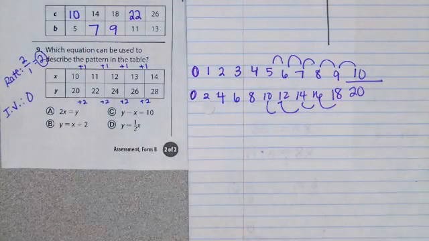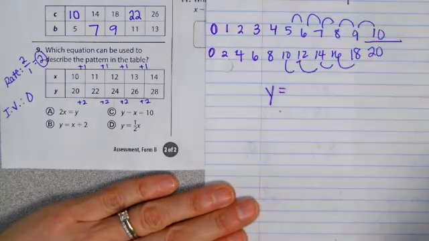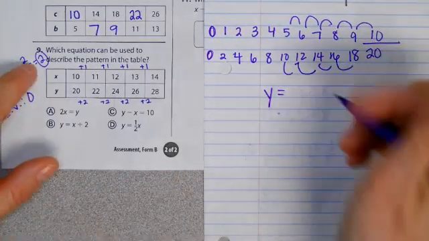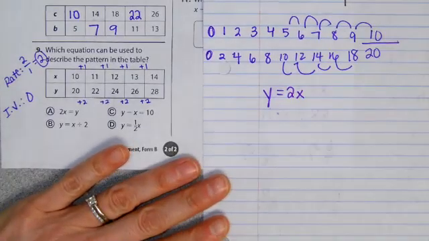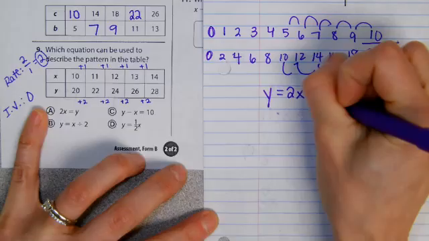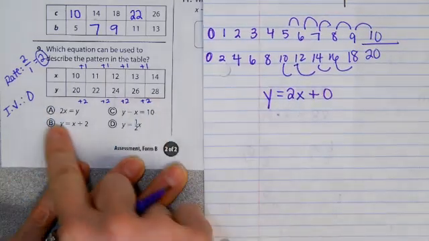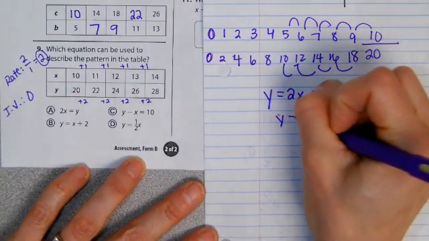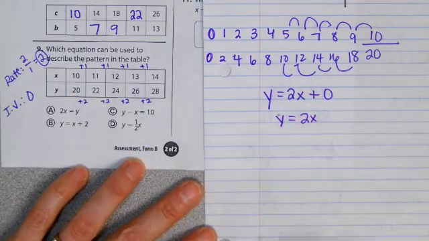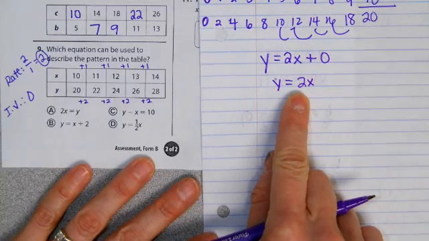So if you remember, what we did is we wrote our equation as y equals, and then we put our rate, which was 2, next to x, and then plus our initial value, so plus 0. Okay, but I do not see any of them that look like that. So remember, we said, do you really need the 0? No. So is there any that look like this? Y equals 2x.